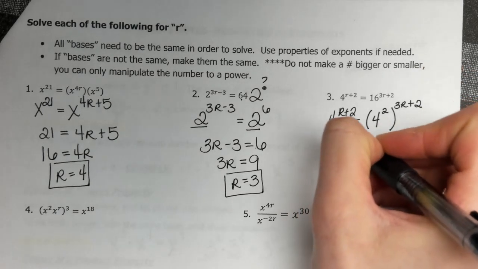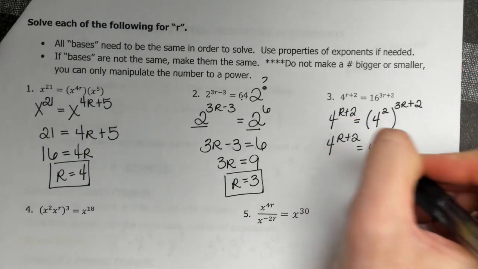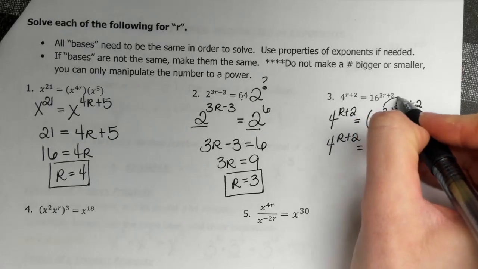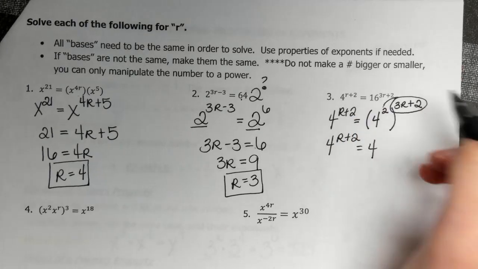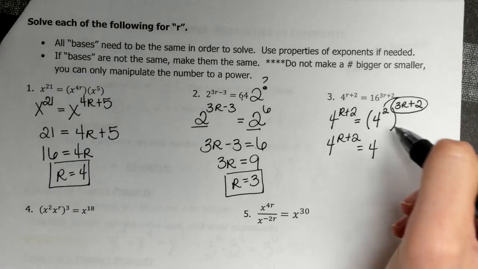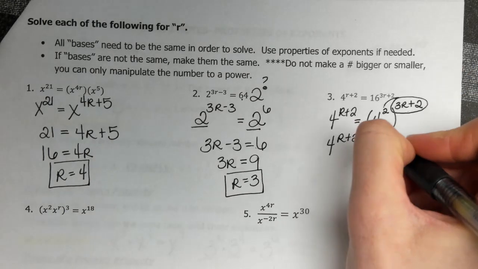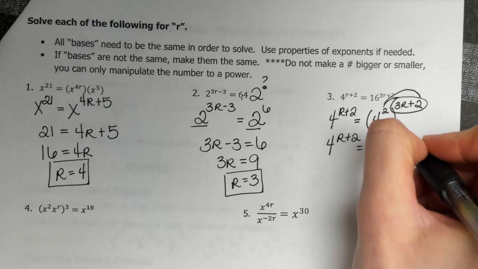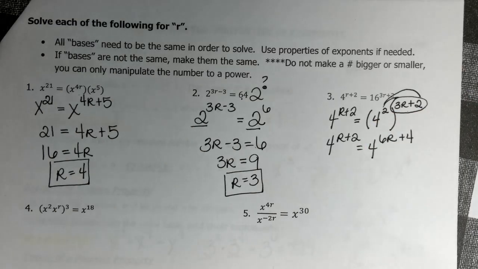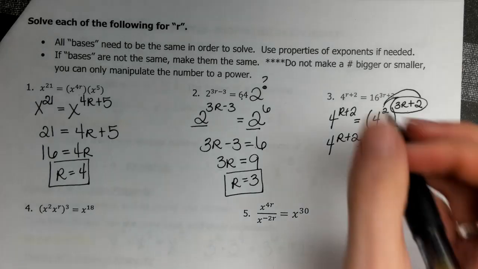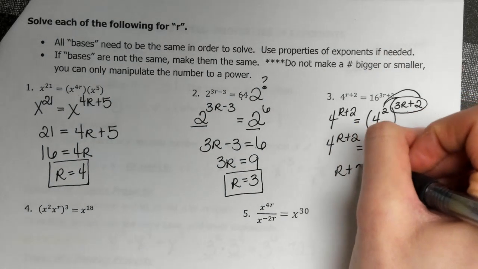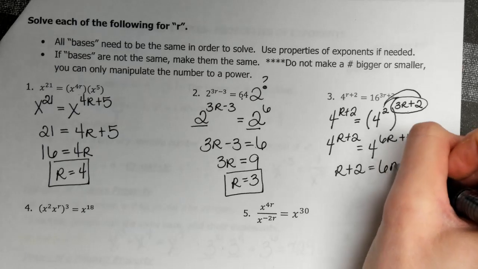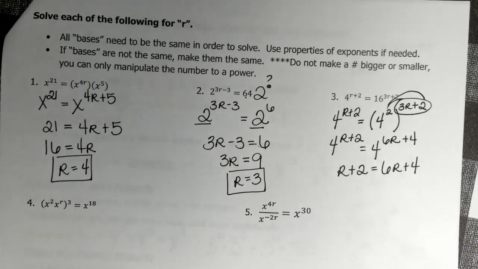I multiply. So I am multiplying 2 times the entire 3r plus 2. So 2 times 3r, and then you can't forget 2 times 2, which is 4. So r plus 2 equals 6r plus 4.